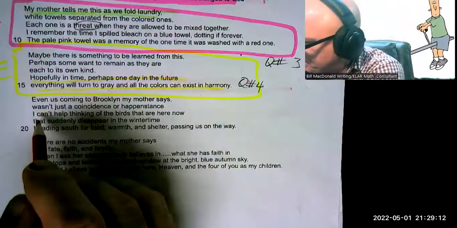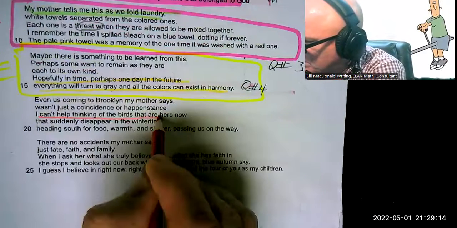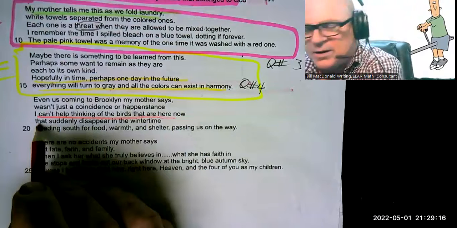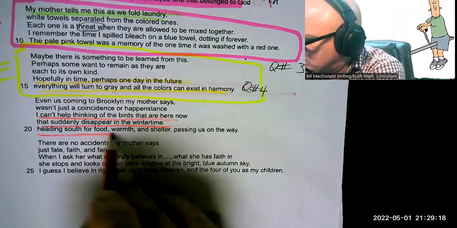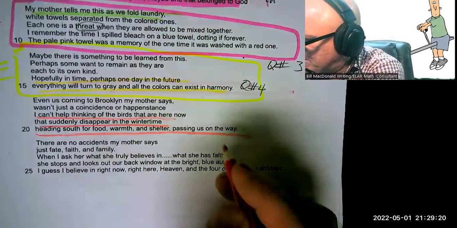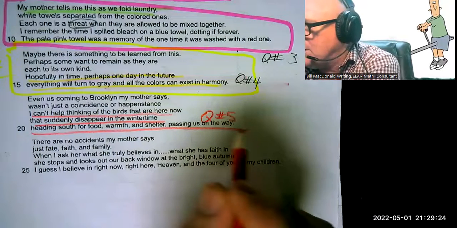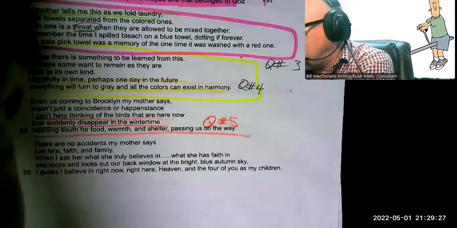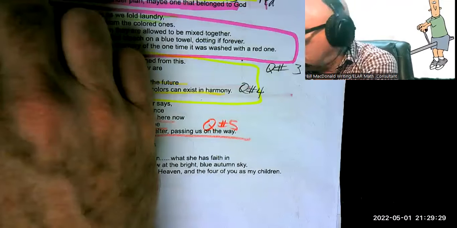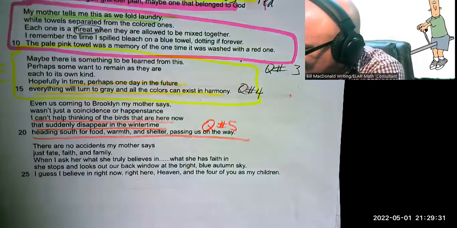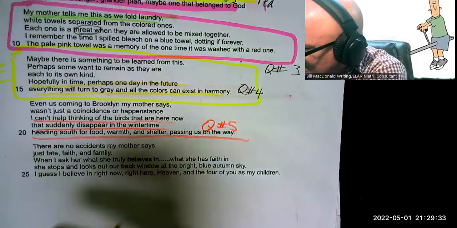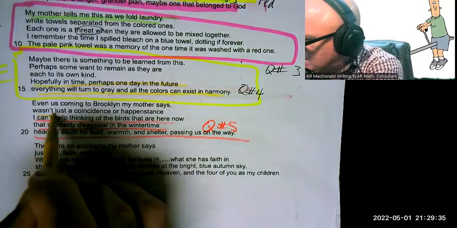Here are our lines in question. That's our box sentence. That's question number 5. So if we were to back it up using the yellow, it said lines 16, lines 15, and it even said line 1.